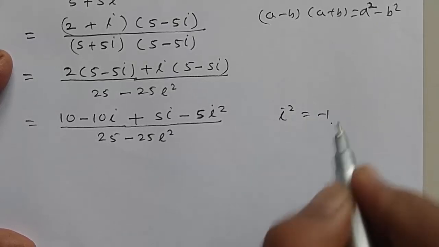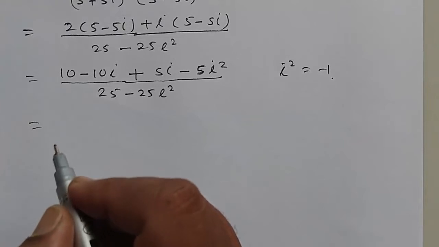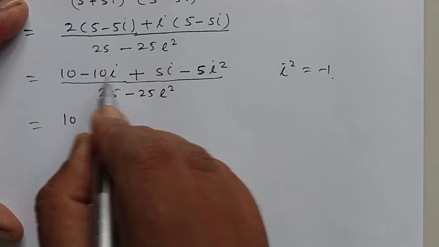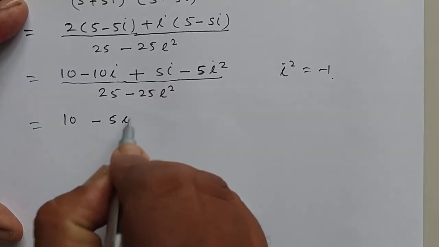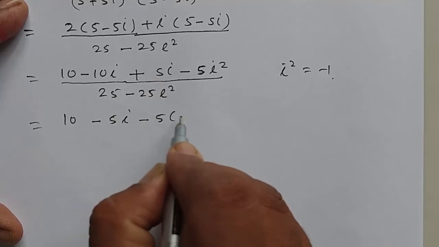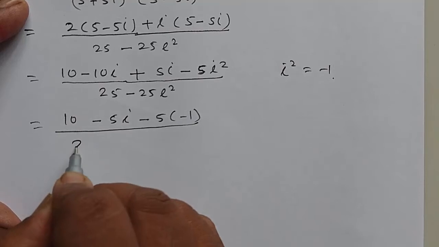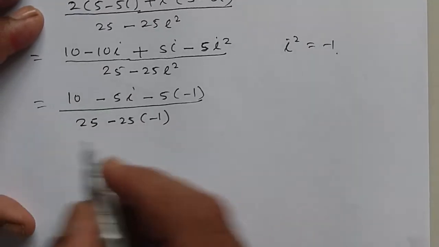i square is equal to minus 1. So this is equal to (10 minus i minus 10i plus 5i squared), that is 10 minus 5i minus 5 i square, where i square is minus 1, divided by 25 minus 25 into minus 1.